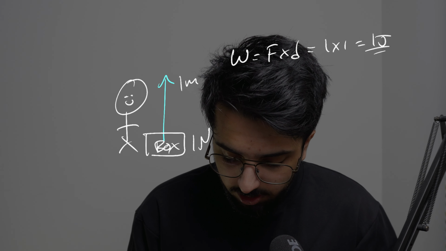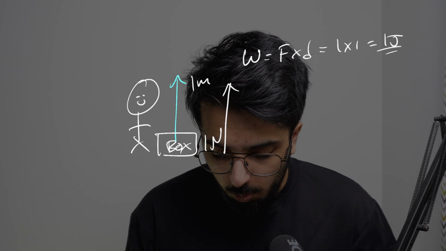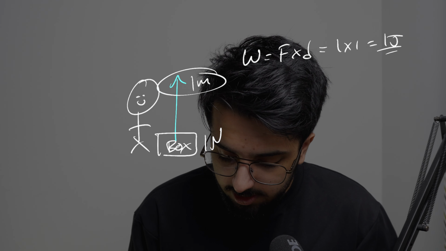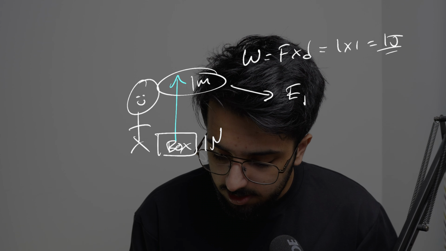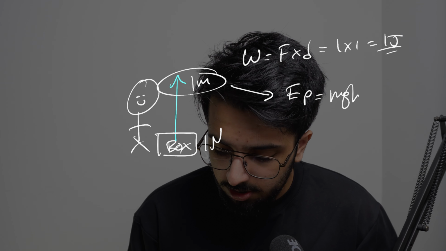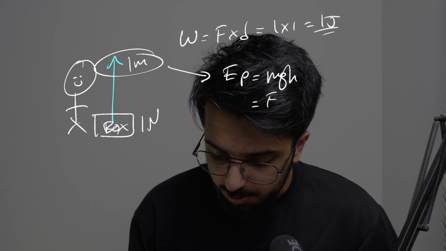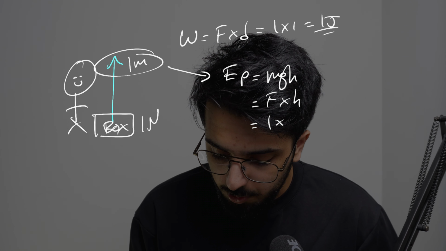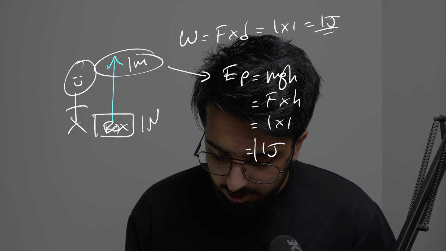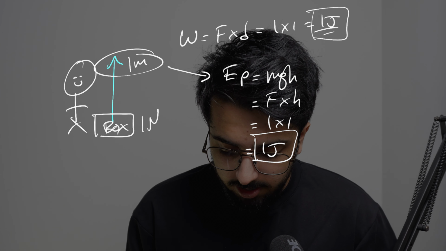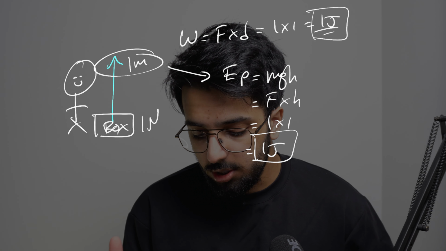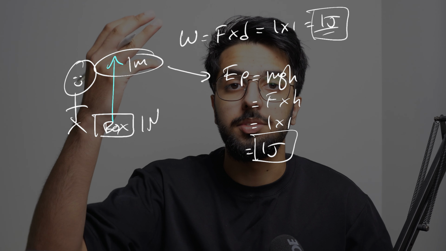That is the work done required to lift it up, but once it's up here, we know that EP is equal to mgh, because now it has gravitational potential energy, and this is force times height, which is 1 times 1, and that's equal to 1 joule. As you can see, the work done in this case is equal to the energy stored in the box when it is lifted up.